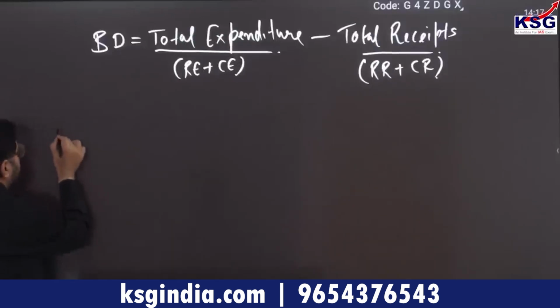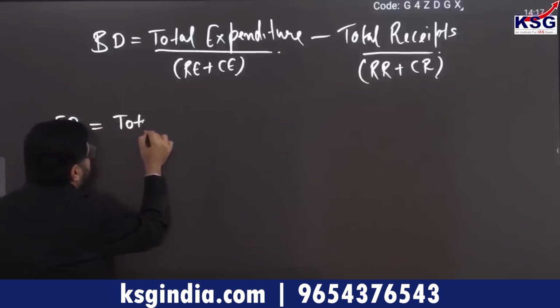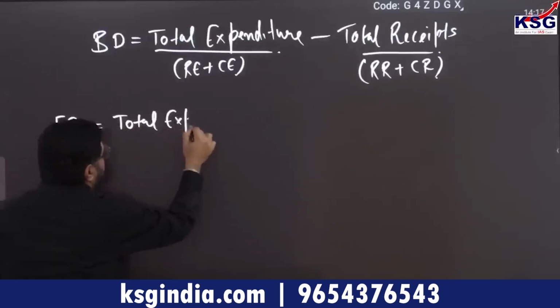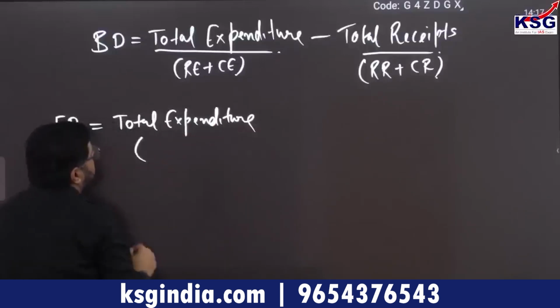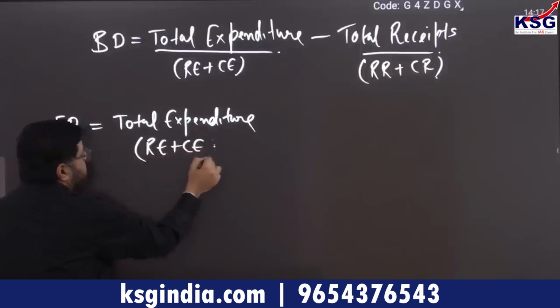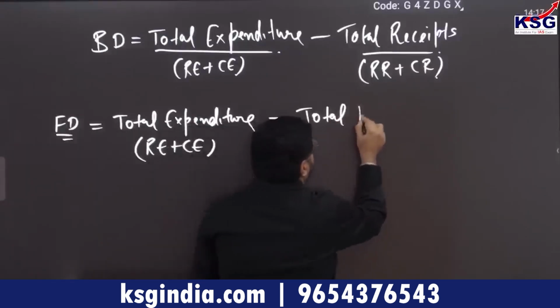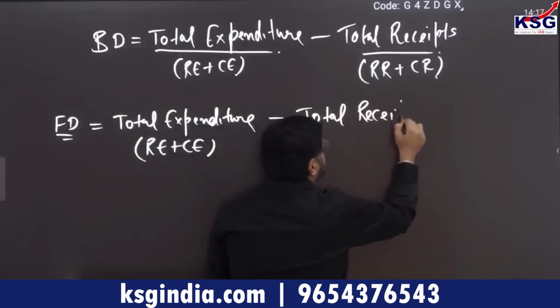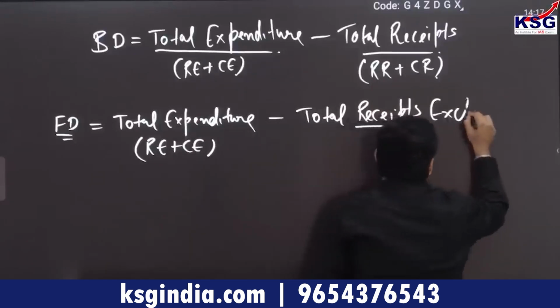Now fiscal deficit is calculated like this: total expenditure, which is revenue expenditure plus capital expenditure, minus total receipts excluding borrowing.